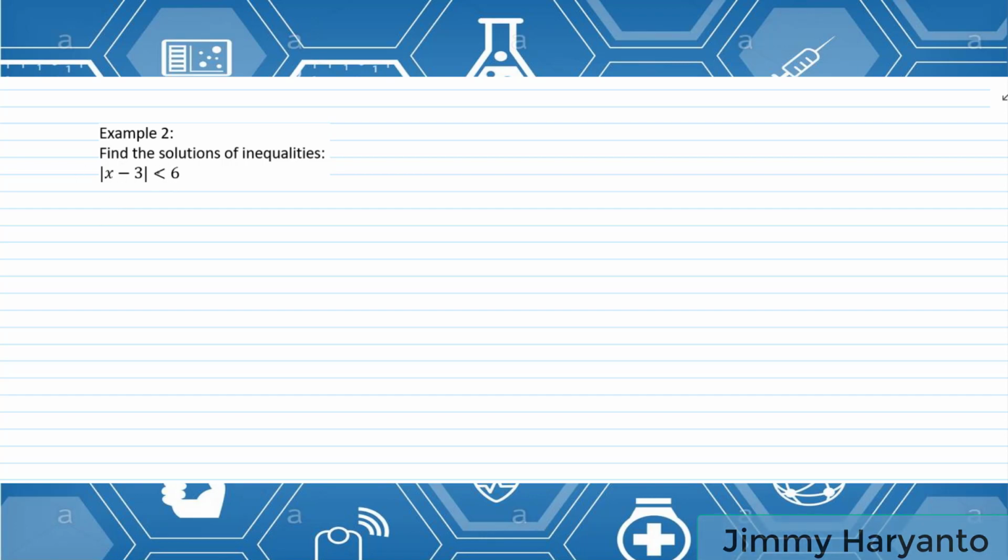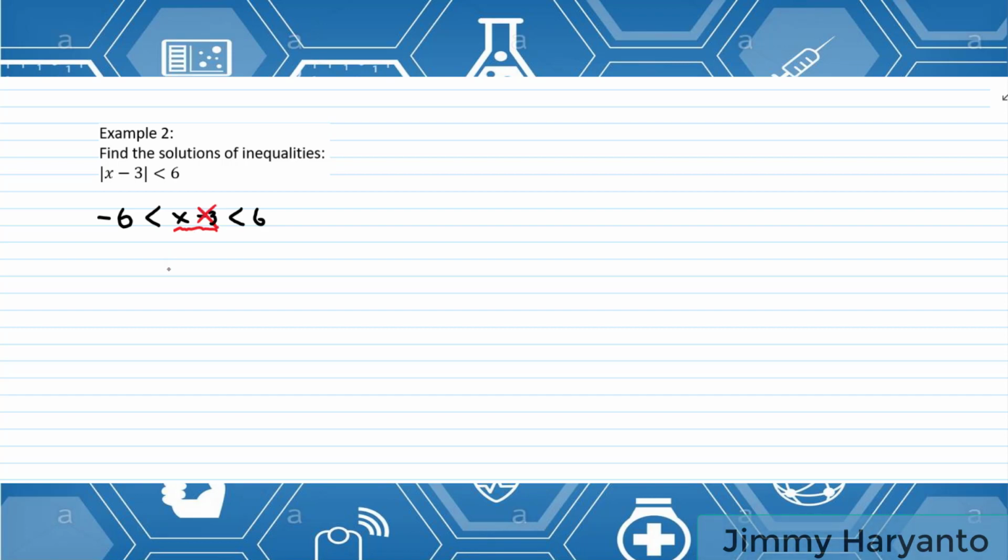So you write, because it's less than, we use the formula negative a less than x minus 3, the absolute is gone, less than 6. Yeah, okay, and then this is not the solution because the middle is still x minus 3.